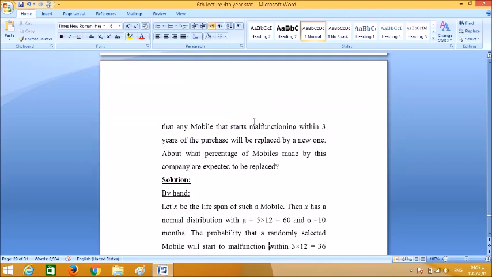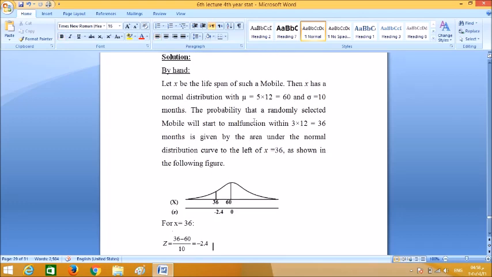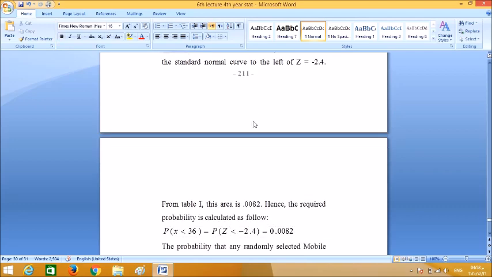Okay, so in this example, as you see, we are computing the probability that x is less than 36. It looks like the probability that z is less than minus 2.4.